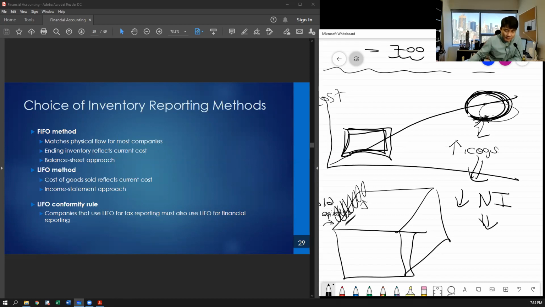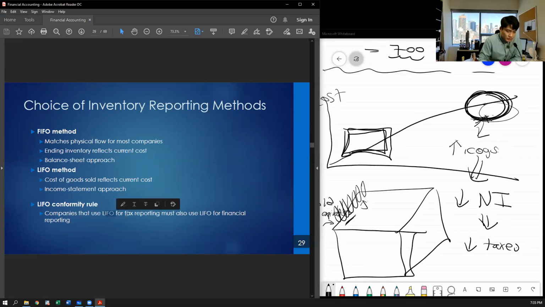Now that will have an impact on tax payments, so lower taxes paid. But something to keep in mind is that if the company uses LIFO for tax reporting purposes, the company also has to use this LIFO method for financial reporting purposes.